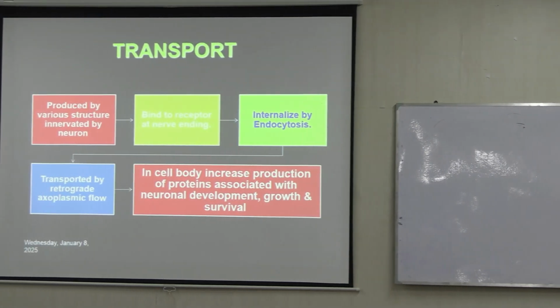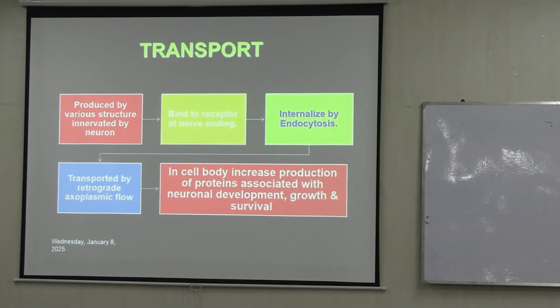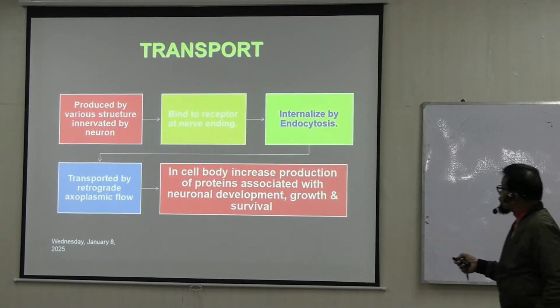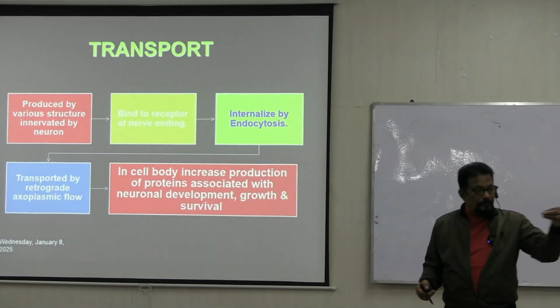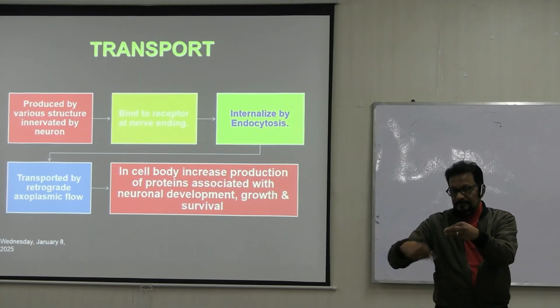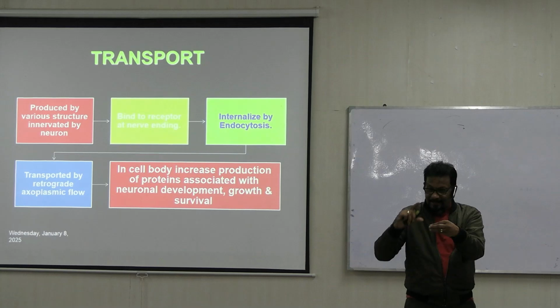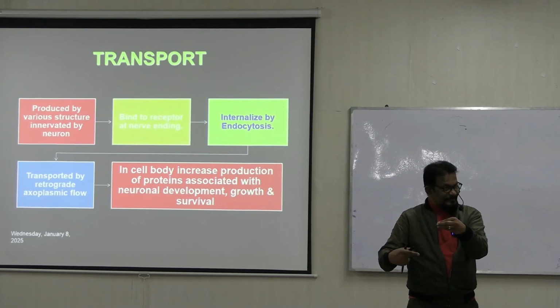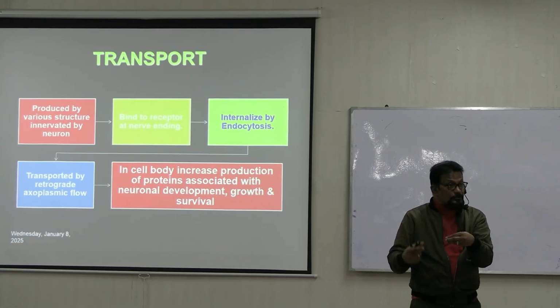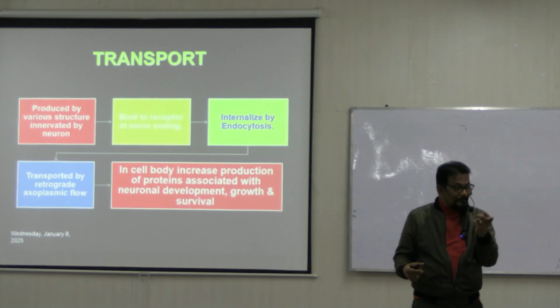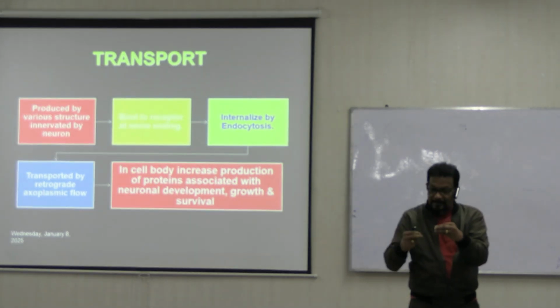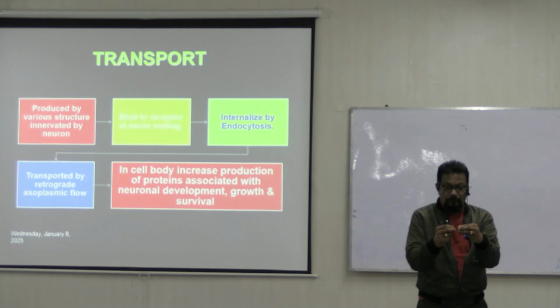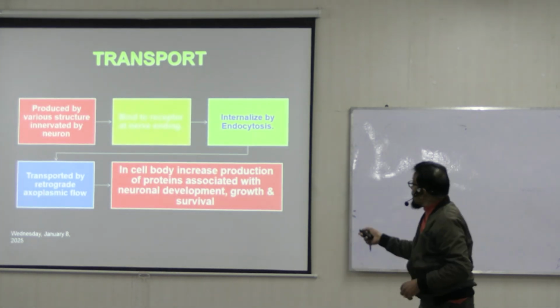Now, how they are transported. See, produced by various structures, as I said, the nerves will be supplying some structures, and these structures are producing nerve growth factor. Now this nerve growth factor will be absorbed.